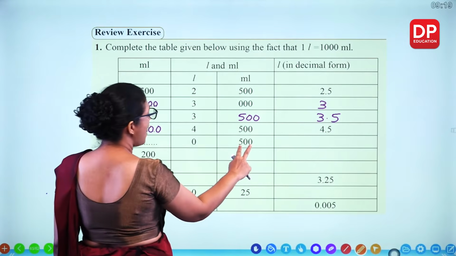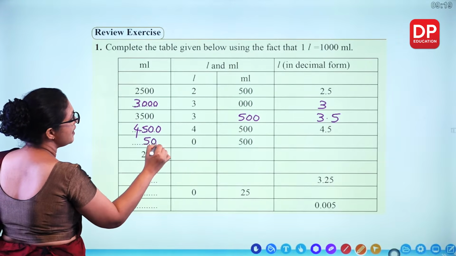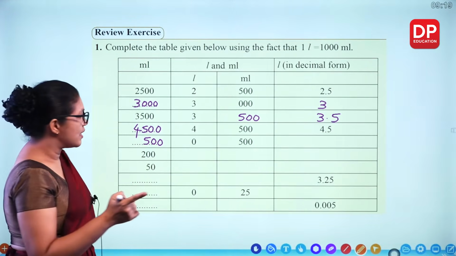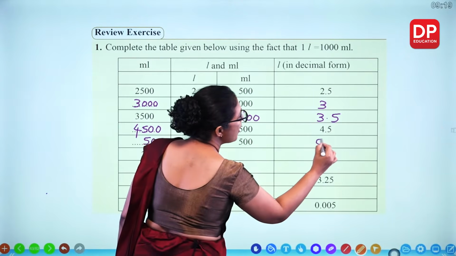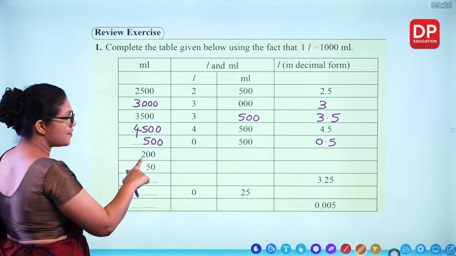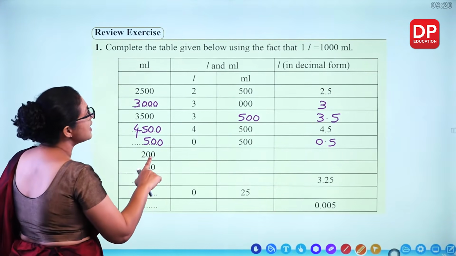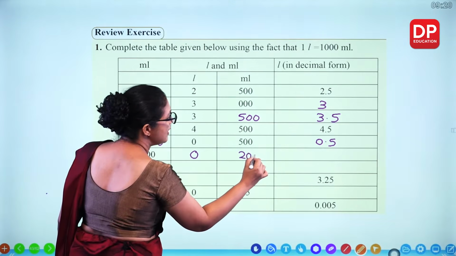Here 500 milliliters are there. So this is just 500. Divide by 1000. 1, 2, 3. So you get 0.5 liters. 200 milliliters is 0 liters and here 200 milliliters.